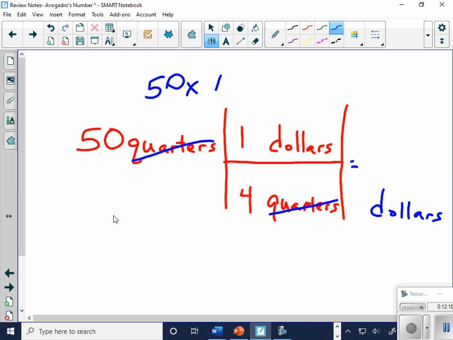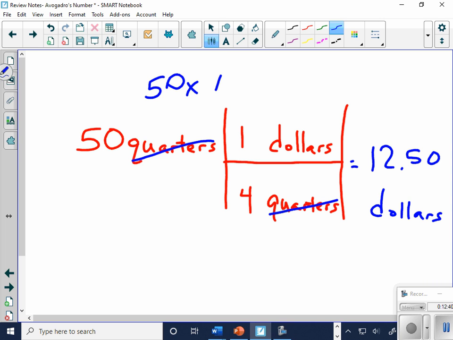So really what I'm doing is I'm taking 50, I'm dividing it by 4, and when I do the math, I come up with 12.50. So, if I would have 50 quarters, I would have $12.50. All right? Nice, easy conversions. You can do that, right?